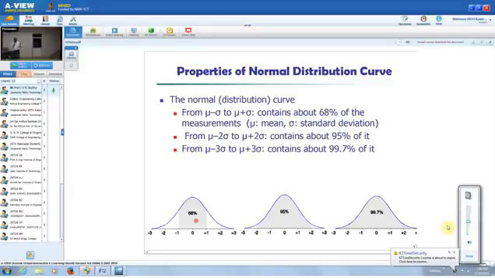With just one standard deviation from the mean, as I said, 68%. If you consider 2 sigma difference, it is almost 96% coverage. 3 sigma is 99.7. It is like this with the normal distribution.